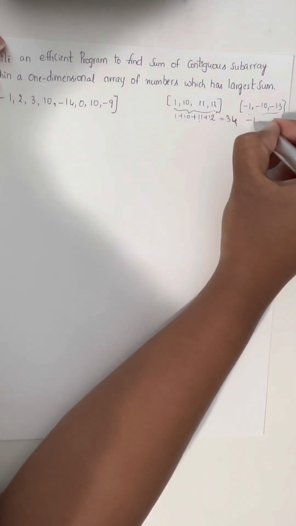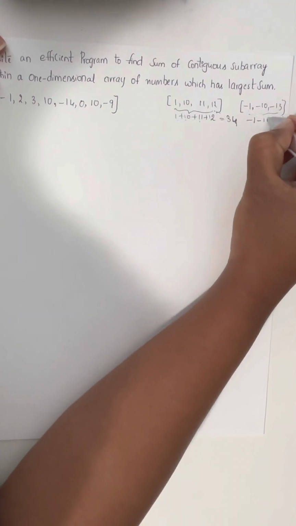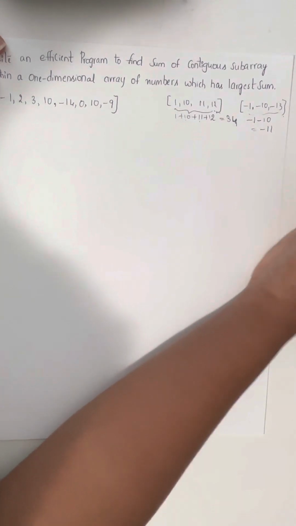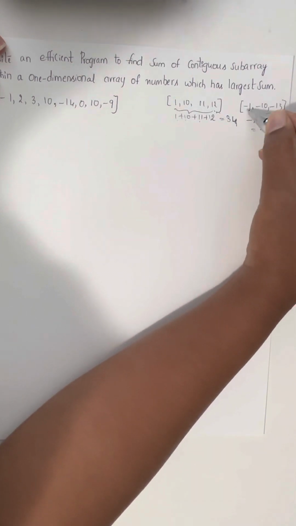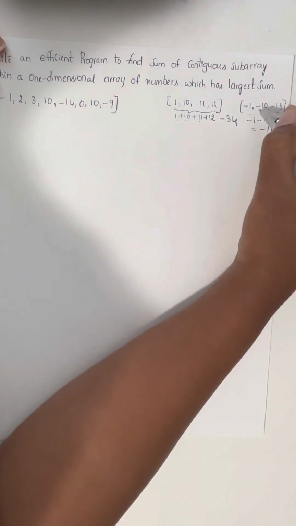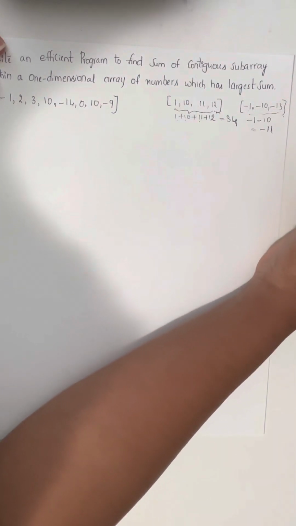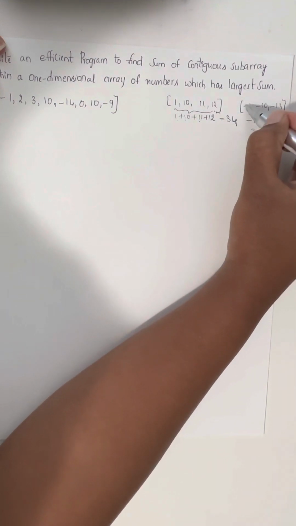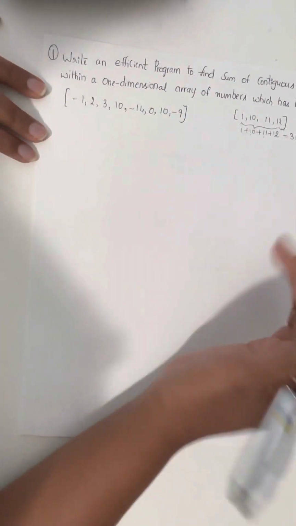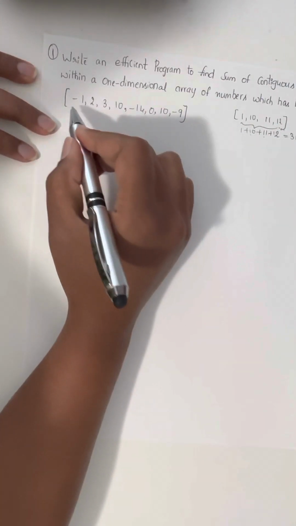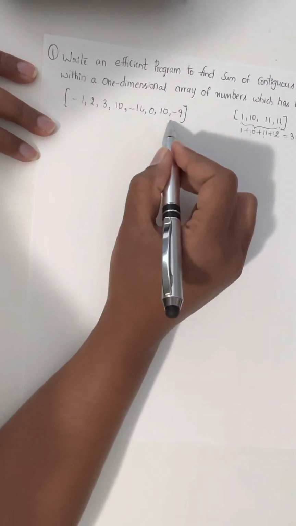If you add -1 with -10, which becomes -11, -11 is less than -10 or -1. So if we have all negative numbers, the answer would be the largest negative number that we have in the array. In this case, -1 would be our answer. So for that reason, I am assuming the array will have both negative and positive numbers.